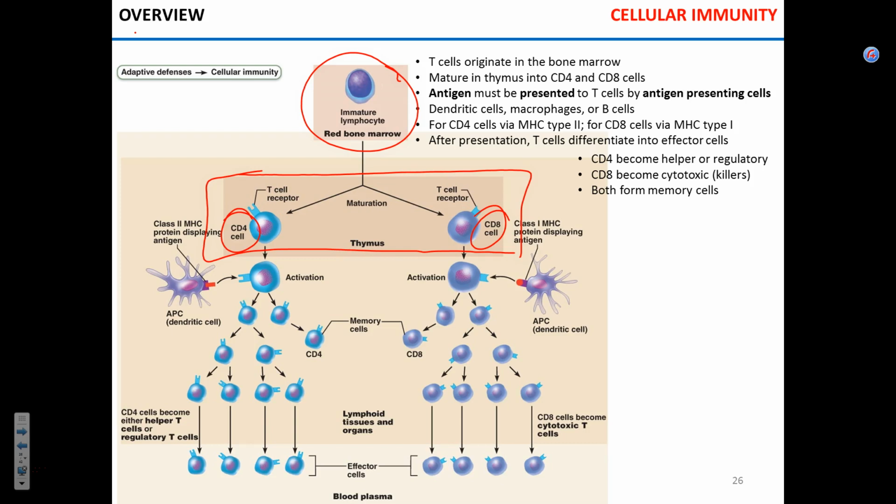Now, the interesting thing about T cells: B cells can recognize the pathogen, the antigen, directly. Does that make sense? B cell floats by, says, that's an antigen, and recognizes it. Cool? T cells cannot do that. Antigen must be presented to them.